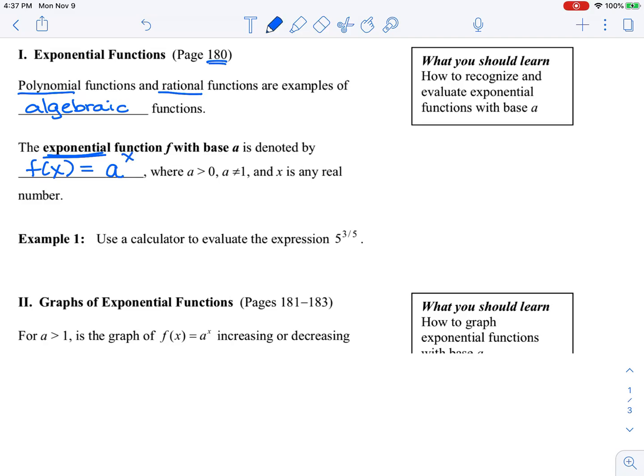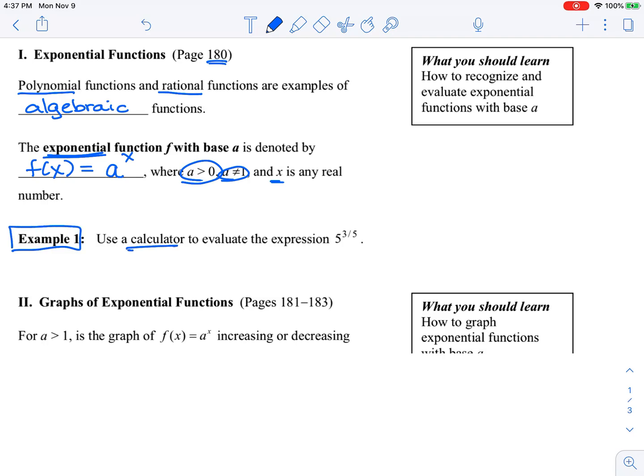Let me write this a little clearer. a to the x, where a cannot be equal to 1, because 1 to anything is just 1. But a has to be positive and not equal to 1. And x is any real number, including negative numbers.